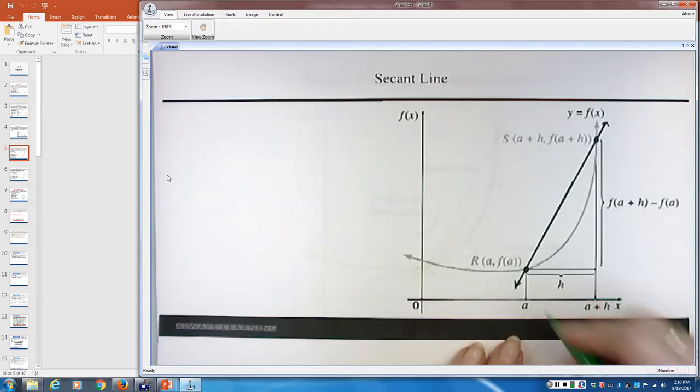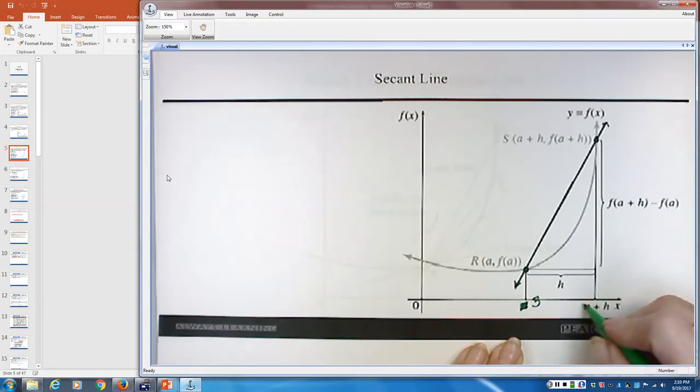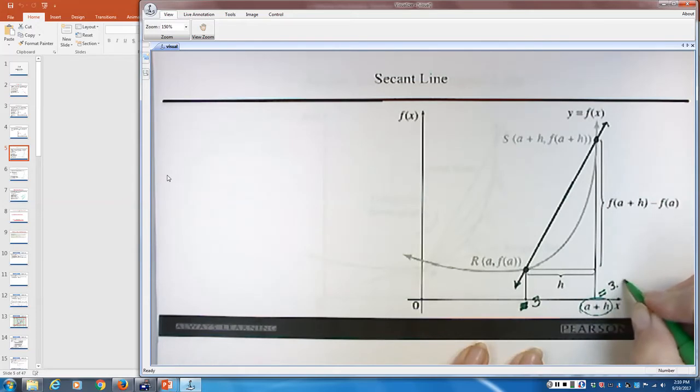So let's say that A, instead of being A, let's say that A is 3. And then maybe this value here, although H is supposed to be a very little bit, let's say that this is 3.1. This is not to scale, that's 3.1.